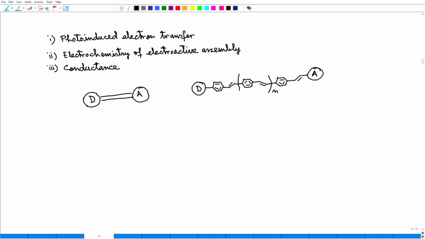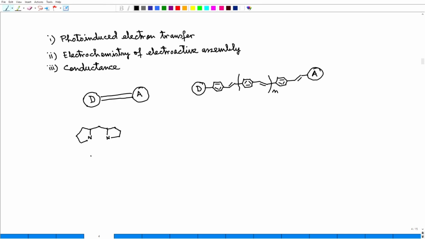For example, this particular porphyrin. One, two, three, 5.